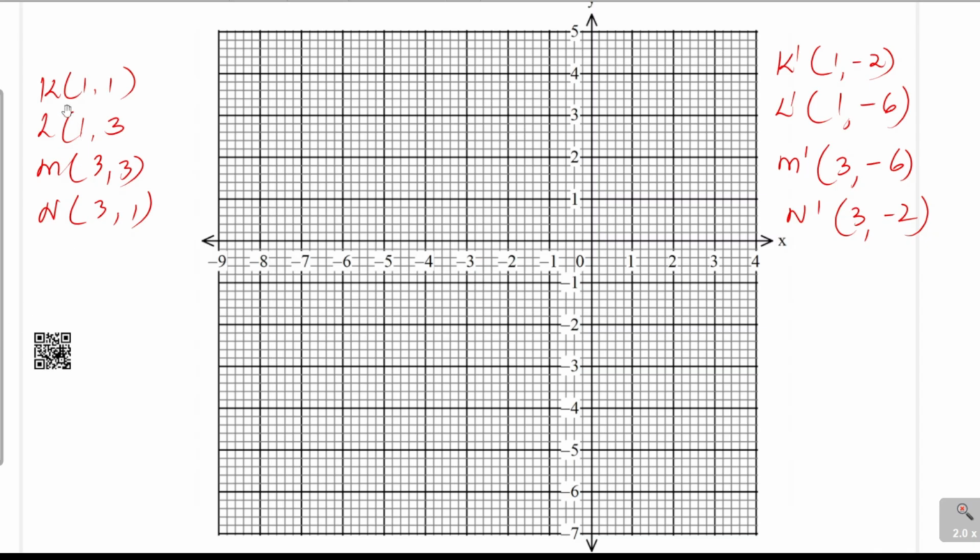I've written the coordinates here, so let's draw them. K is (1, 1). Then L (1, 3), M (3, 3), and then N (3, 1). So you have the position there: K is there, L is there, M is there, N is there.